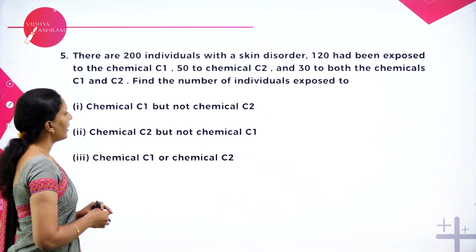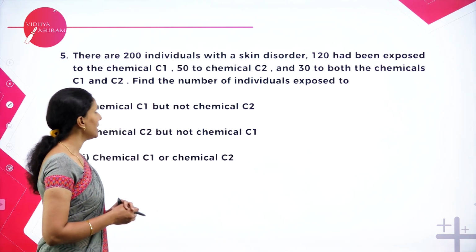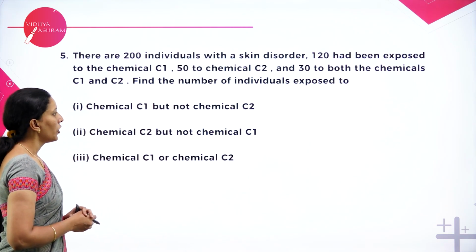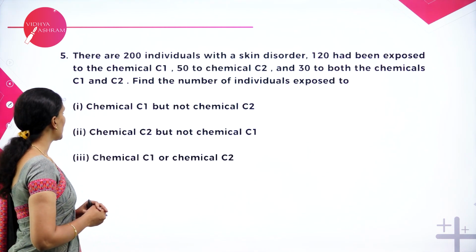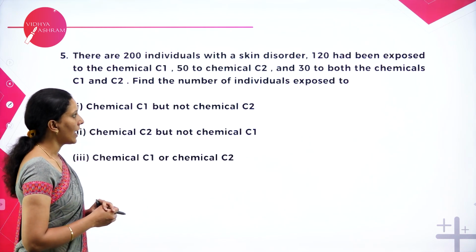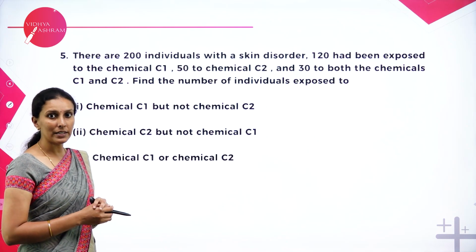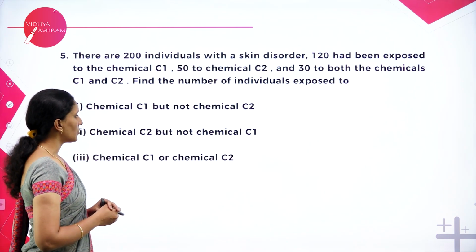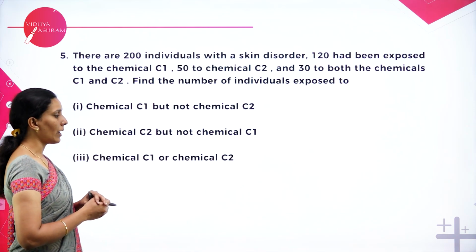Next, there are 200 individuals with a skin disorder. 120 had been exposed to chemical C1, 50 to chemical C2, and 30 to both chemicals C1 and C2. Find the number of individuals exposed to chemical C1 but not chemical C2, chemical C2 but not chemical C1, and chemical C1 or chemical C2.